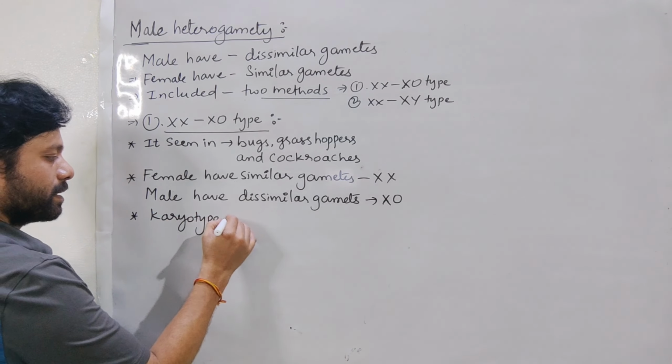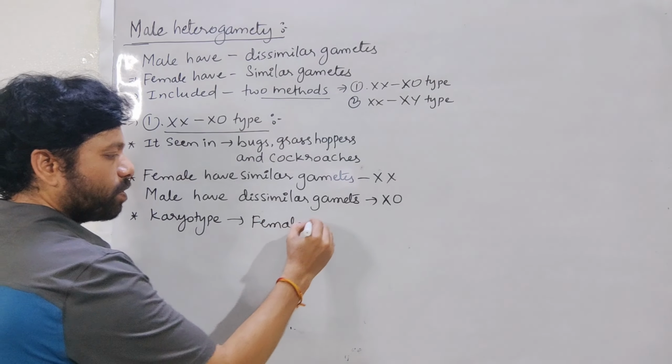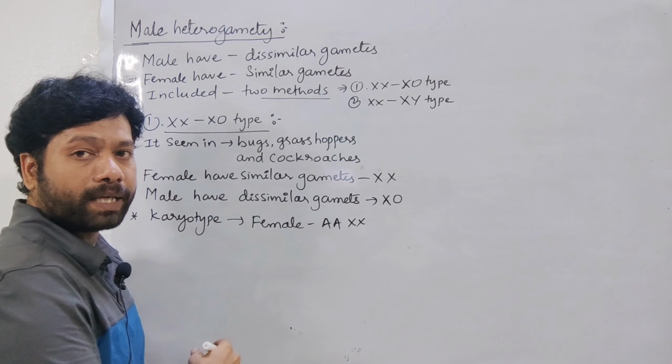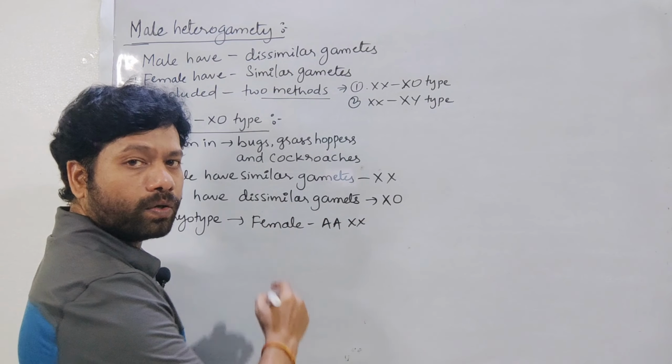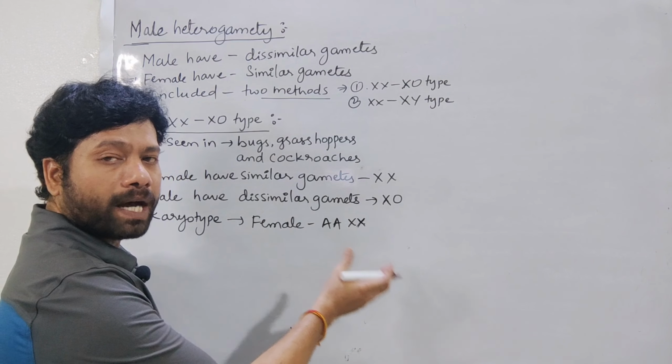So the karyotype: the female is AAXX. What is the meaning of AAXX here? A stands for autosomes, and X for the allosomes.